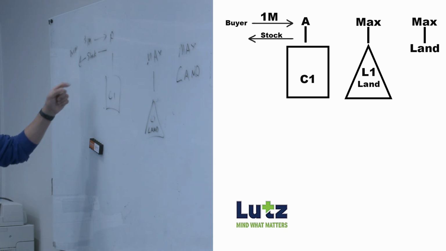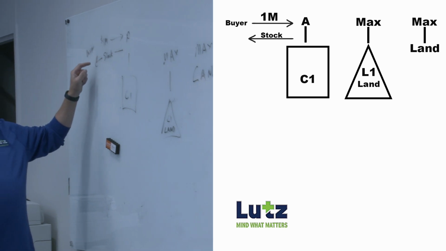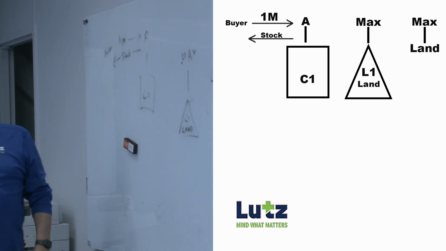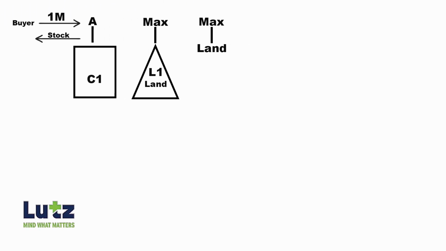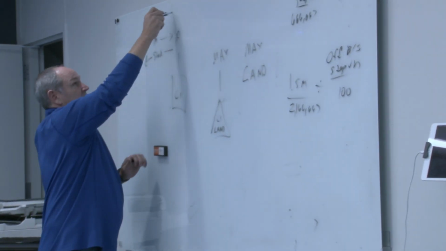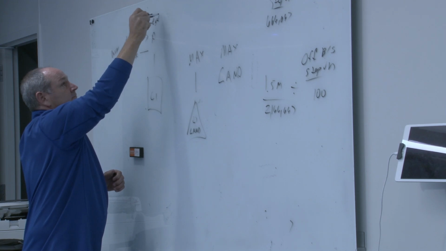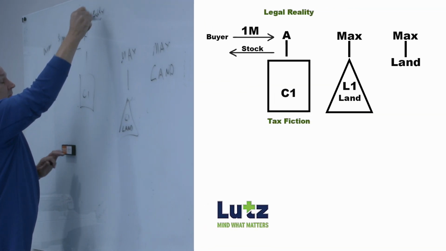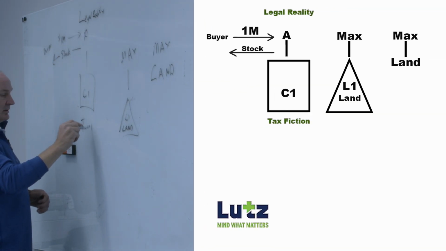In this case, A sold his shares to buyer for $1 million. This 338(h)(10) election is a land of fiction that says, so this is legal reality, and this is tax fiction.